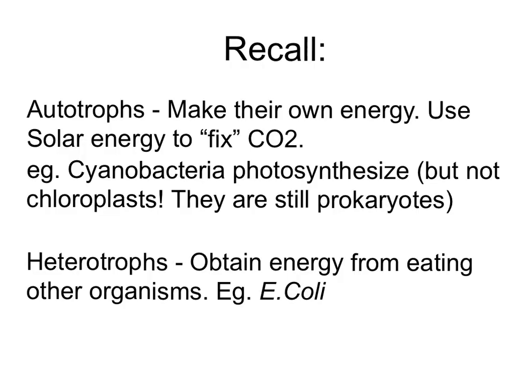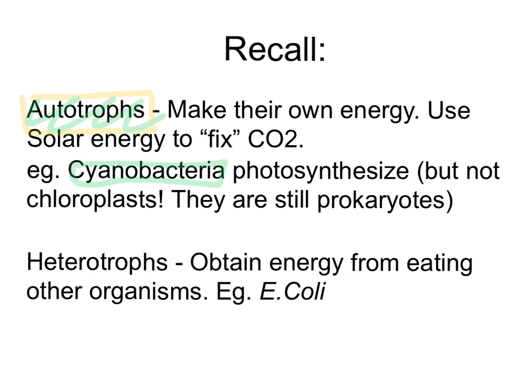Now, if you recall, we have a term called autotroph, which is where they make their own energy. They use solar energy to so-called fix carbon dioxide. An example of that is cyanobacteria. Cyanobacteria photosynthesize, but not with chloroplasts.